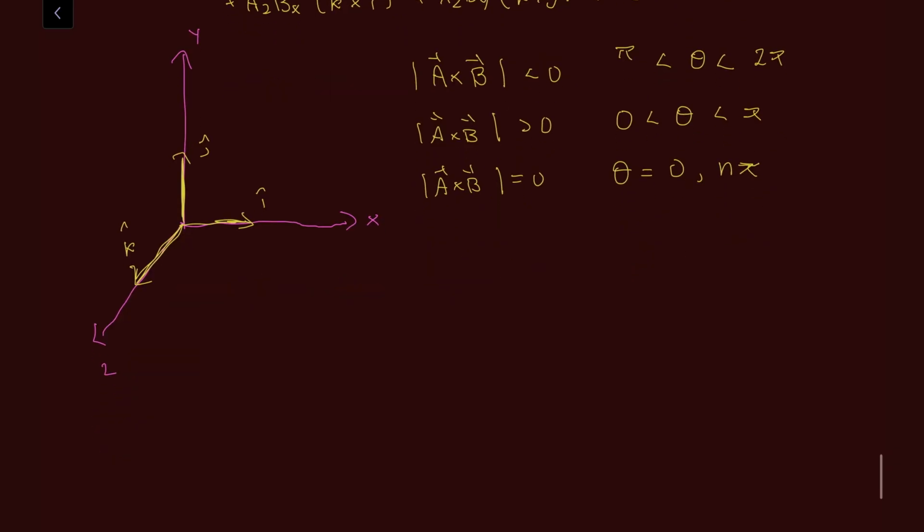That means that i cross i is equal to j cross j, which is equal to k cross k. This is the cross product between vectors that are parallel, which is 0.